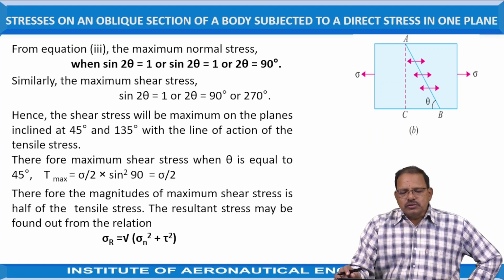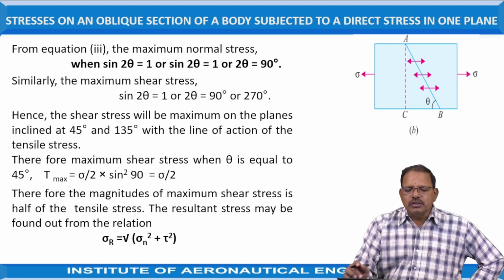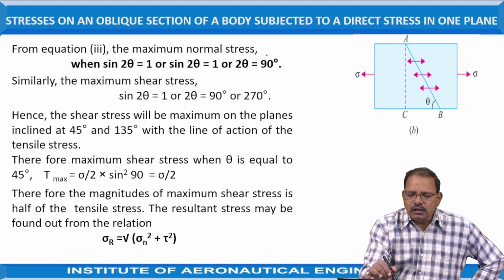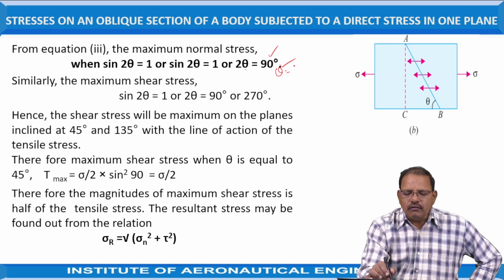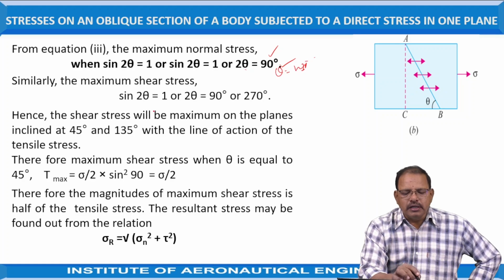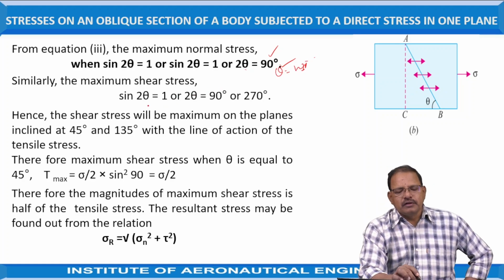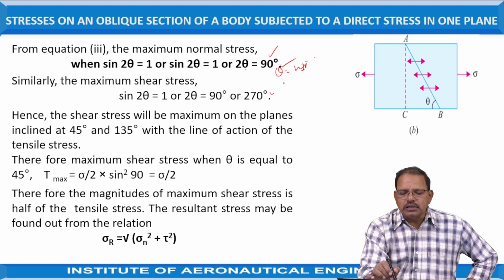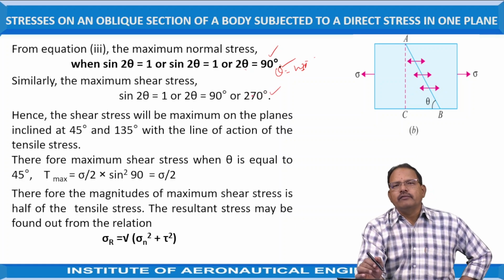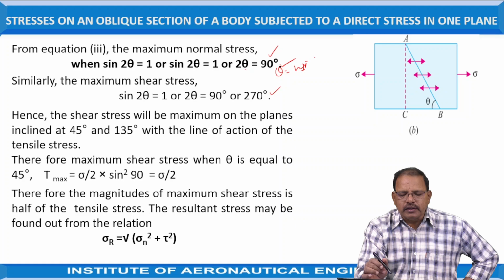When sin 2 theta is equal to 1, that means 2 theta is equal to 90 degrees, or theta is equal to 45 degrees. That is the maximum stress, obtained when sin 2 theta is equal to 1, or 2 theta is equal to 90 degrees or 270 degrees, that is theta is equal to 45 degrees or 135 degrees.